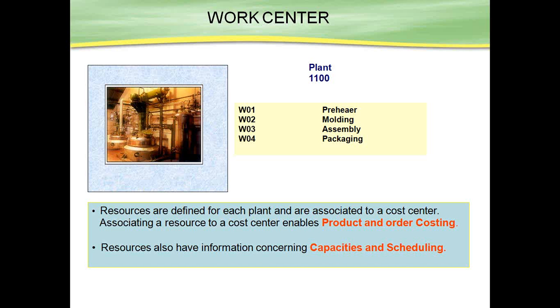The assembly of the bottle, meaning the cap fixing, will be done on W03, and finally the packaging will be on W04. So this is a list of work centers used in bottle manufacturing. It is also used in capacity, scheduling, and product costing.